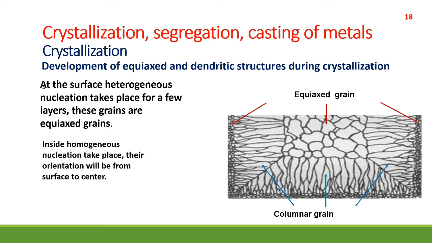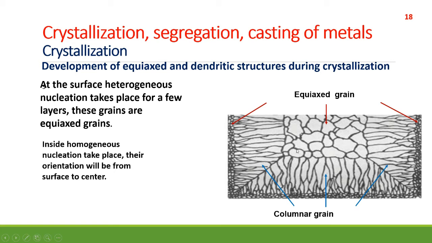If you remember from the last lecture, I told that homogeneous nucleation always takes place at the core of the liquid. So here, from the core of the liquid, the homogeneous nucleation is taking place and giving some elongated grains, which are known as columnar grains, and the orientation of these grains will be following from the surface of the container to the center of the container.